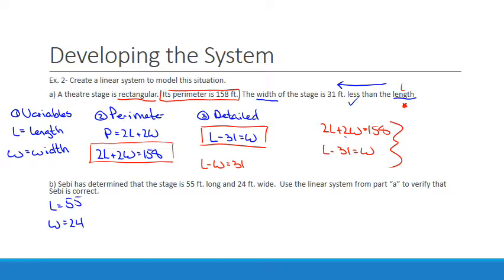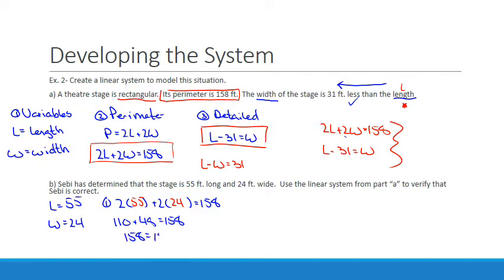And we're just going to see if these values work with these lines, these equations. So my first one, just writing that out, put my values in, 55, 24, so that's 110. This is 48 equals 158.